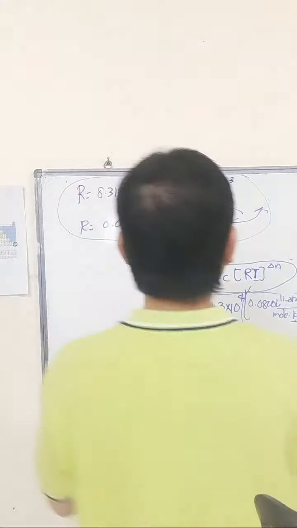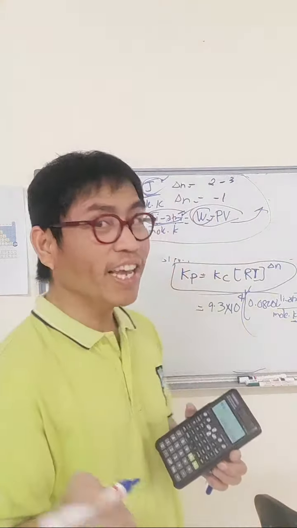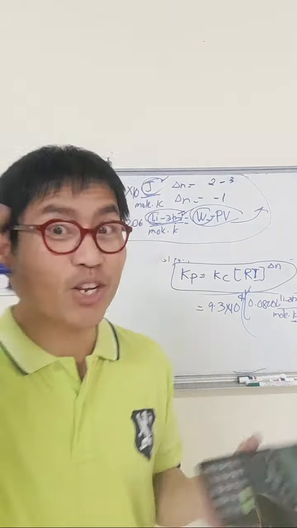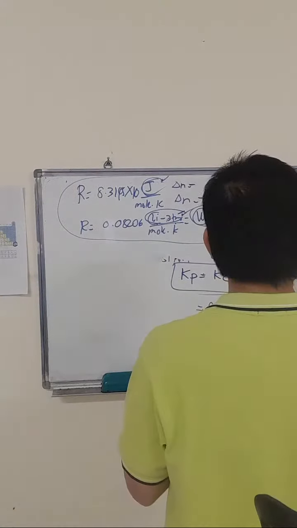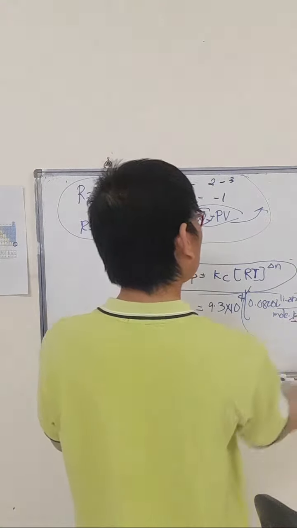Our temperature here is 800 Kelvin, based on my memory. Though I erased the problem, it's still registered in my brain cells. 800 Kelvin. See, we can cancel the Kelvin. You get the point.